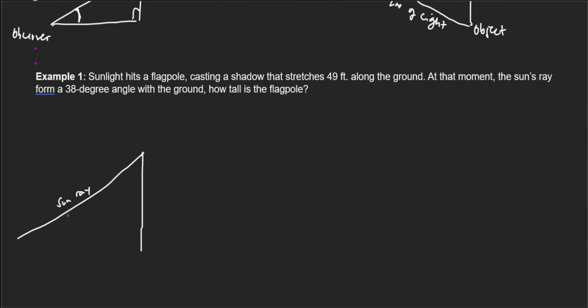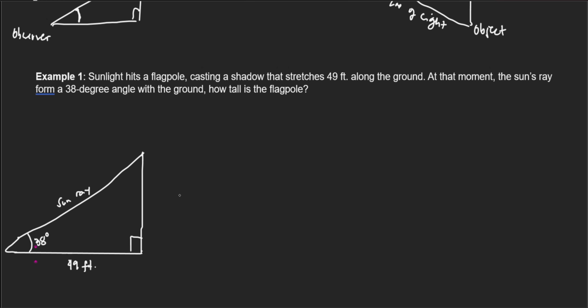After the sun ray, of course, it creates a shadow, from this point to here. Based on the scenario, the shadow stretches 49 feet, so this is our 49 feet, and the angle created from the shadow is 38 degrees. And of course, this is our right angle.